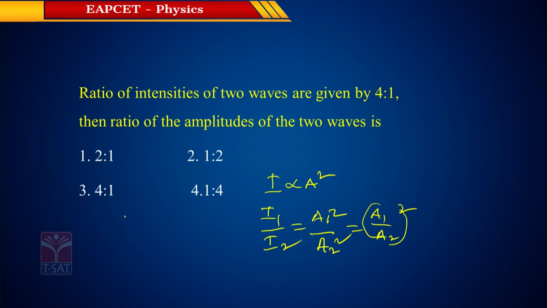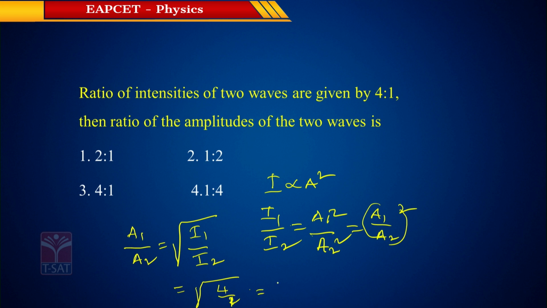Therefore we can also write that A1 by A2 is equal to under root of I1 by I2. Here the intensity ratio I1 by I2 is 4 by 1.